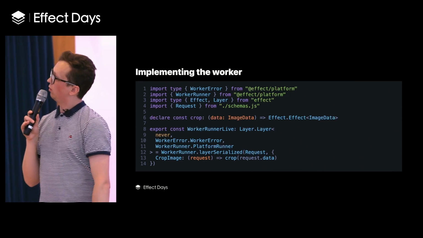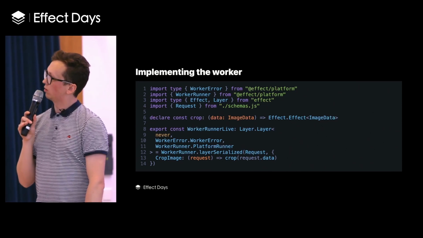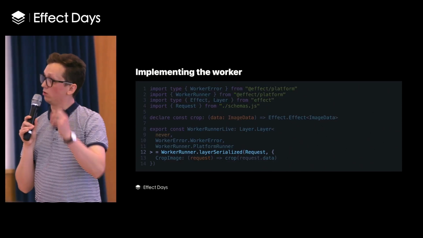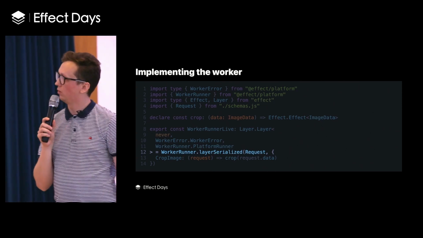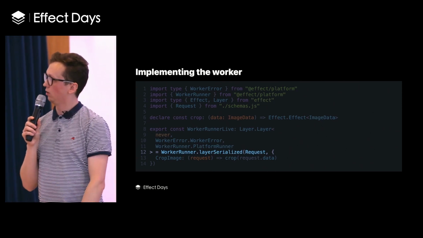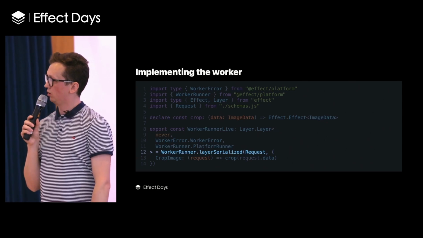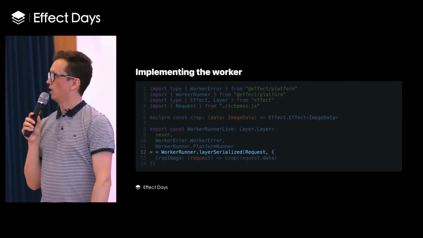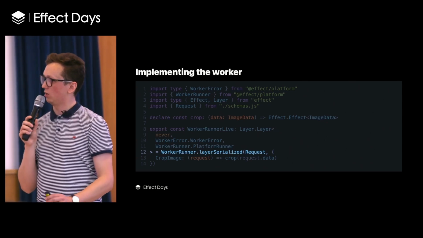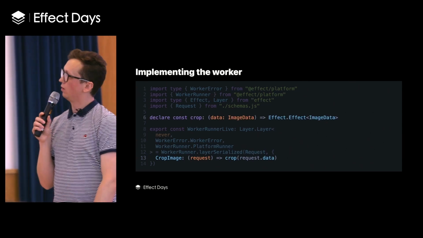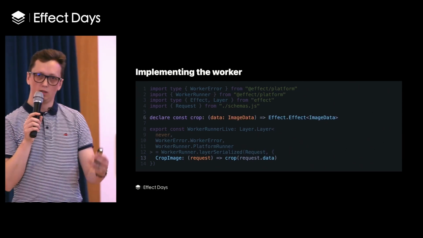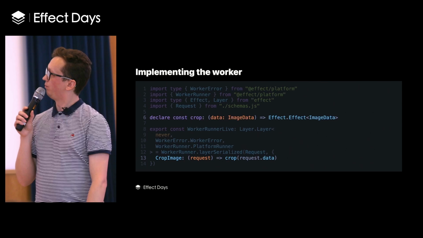And here is the code for that. We'll just quickly step through it. So first you create a layer using the layer serialize function, and you pass in your union of request schemas. And then for each request in that union, you implement it. And here we're just using a fake crop function.